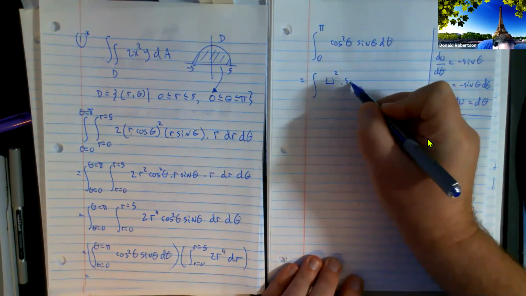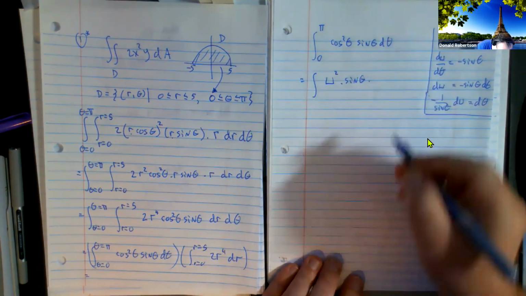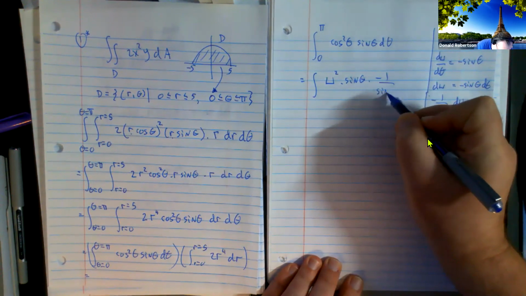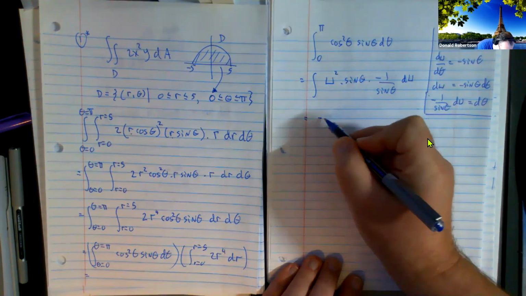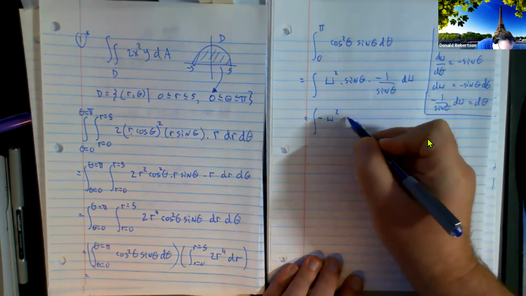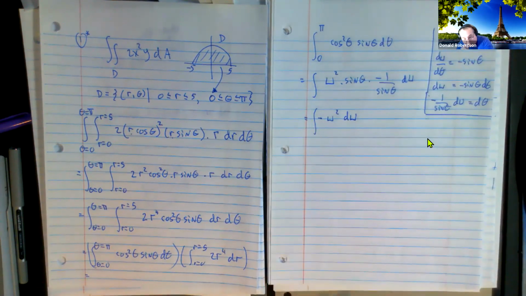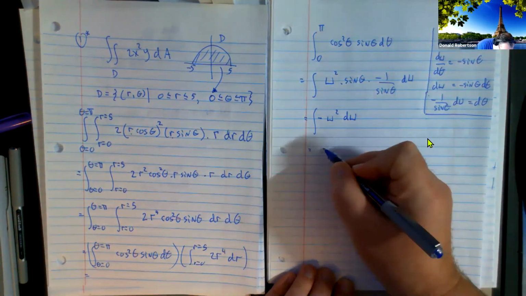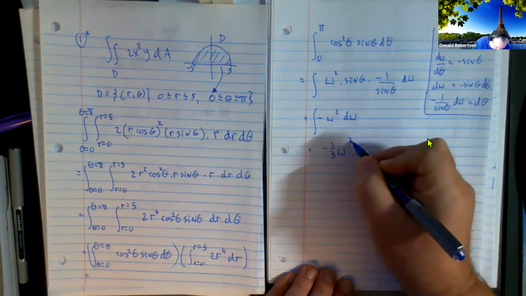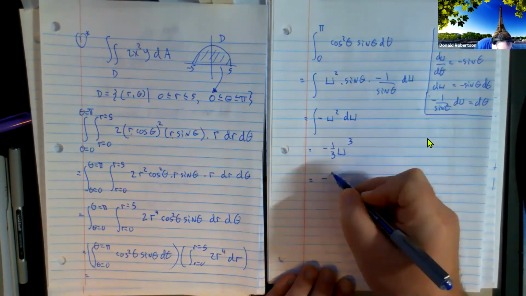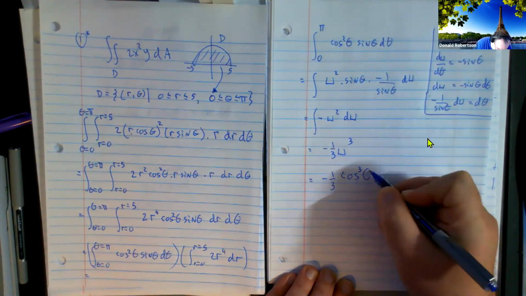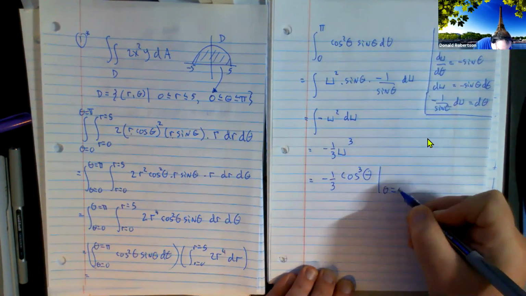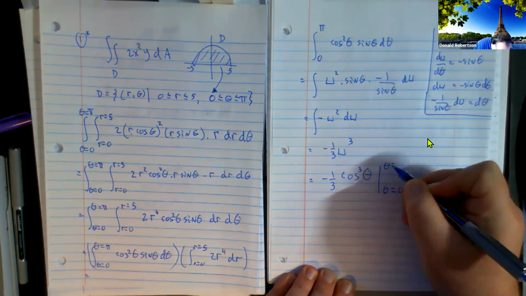I'll leave the sine theta for a minute and replace the d theta by that. Which gets me that, which is really nice because it's simply negative 1/3 u cubed. Then I return it back into its thetas and evaluate it at 0 and at pi.